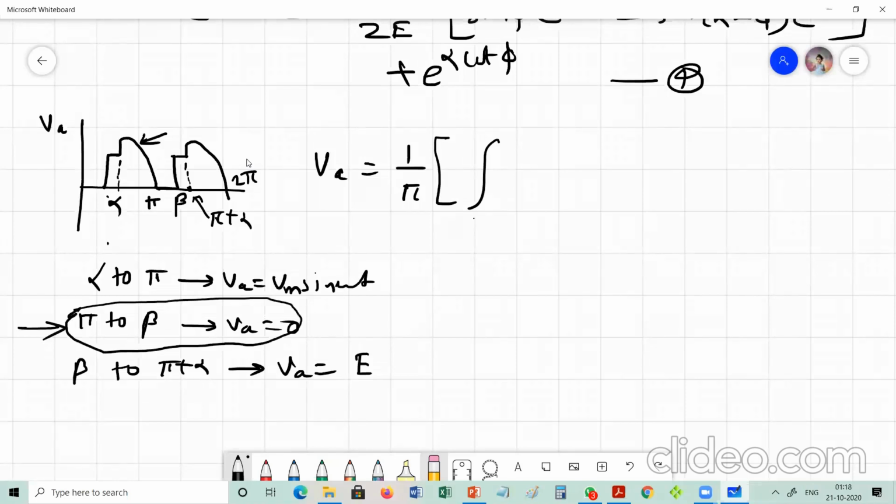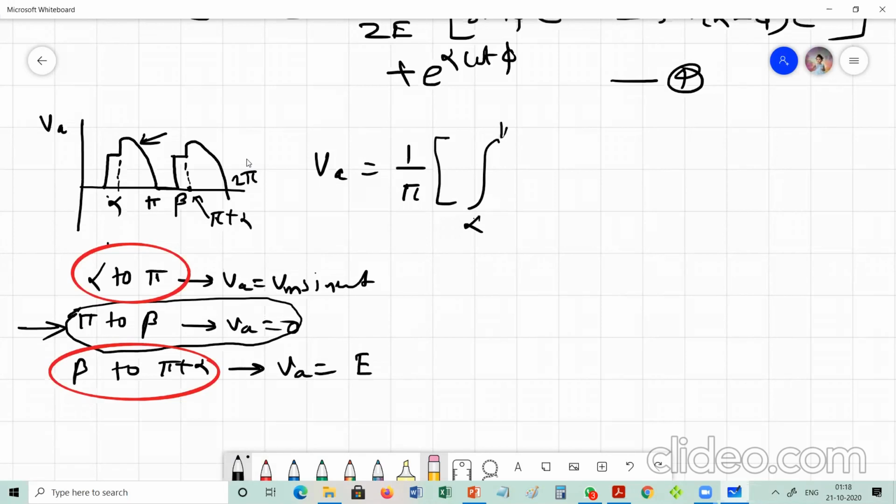So I will take only these 2 parts: from alpha to pi, where V is equal to Vm sin omega t, and the second part from beta to pi plus alpha, where V is equal to E. So I will write the equation like this.